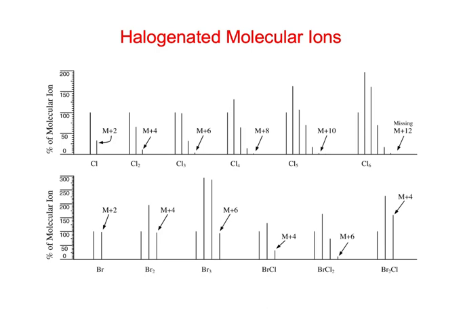So we can have different combinations of these halogens as well, and come up with all these different patterns. So here's a single bromine, here's a single chlorine, right? And if there's two bromines, this would be the 79 and 79.